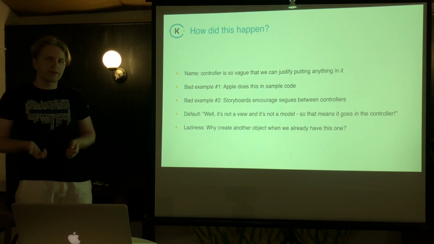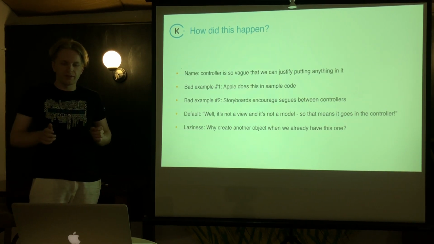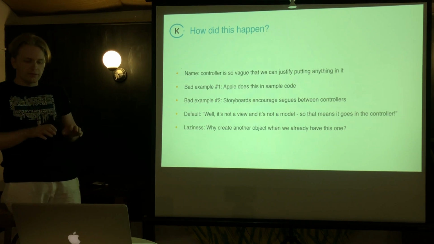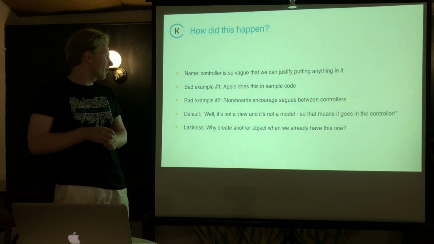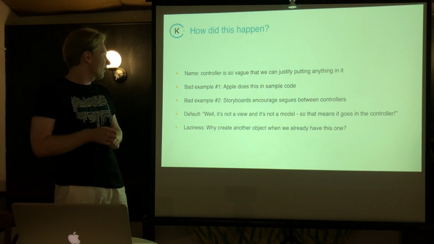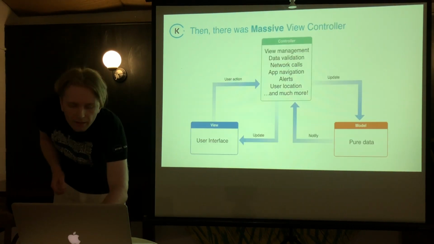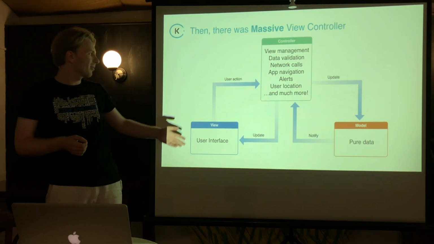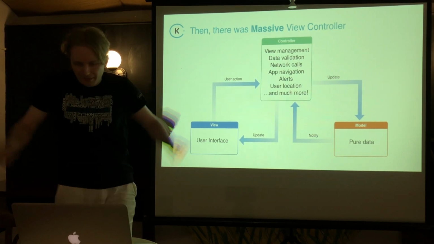Also, if you use storyboards, then you would know that you connect controllers using segues, and therefore the controllers are supposed to be used to transition between different screens. And finally, I'm guilty of this as well, but since the other two parts of this chart are so well defined, like, it's the UI and it's the data, where do you put anything else when you've got 3 possible categories? So of course you put it here.